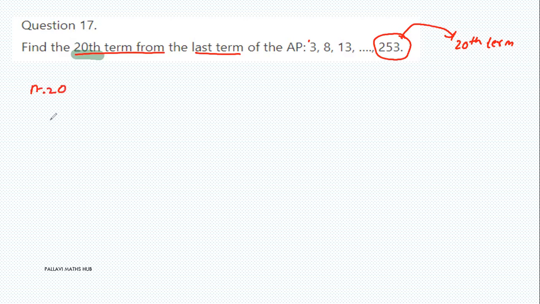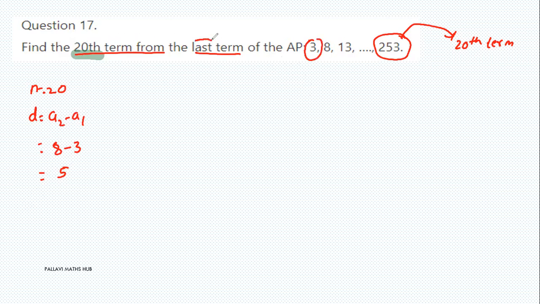Here, observe, first find out the common difference. Common difference is A2 minus A1. The value of A2 is 8 minus A1 is 3. 8 minus 3 is 5. But don't consider the value of A as 3. Why?